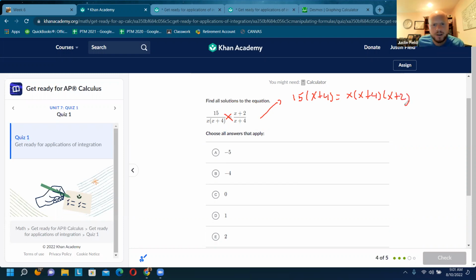But before I really start using the algebra, because I'm going to get a cubic on this side, I kind of want to maybe even just think about which ones of these work, because they gave them to me.